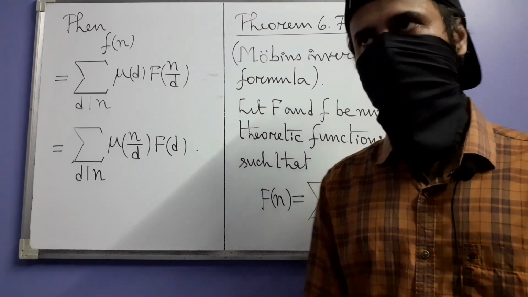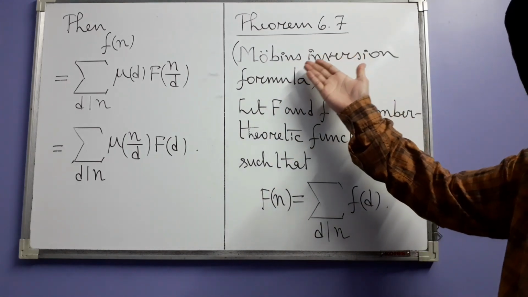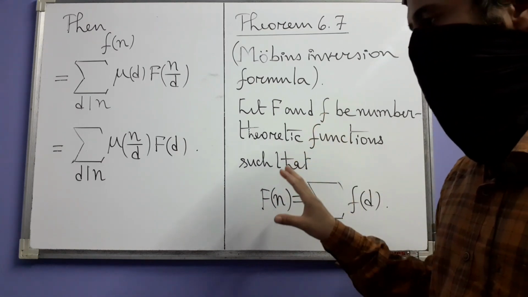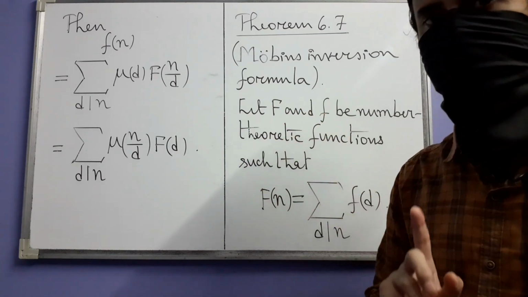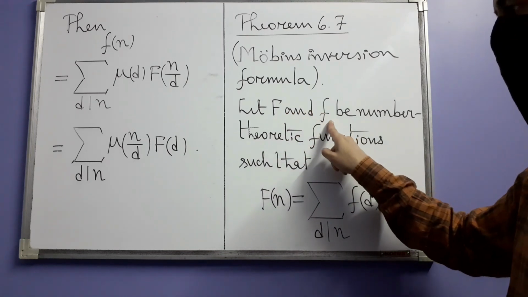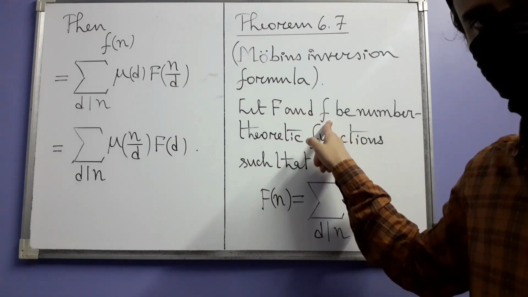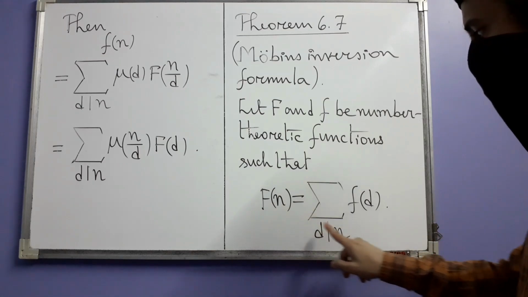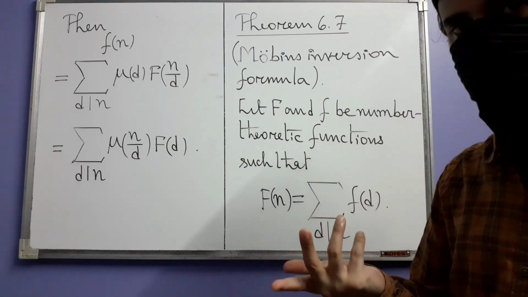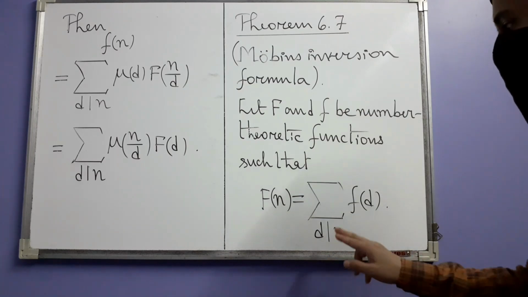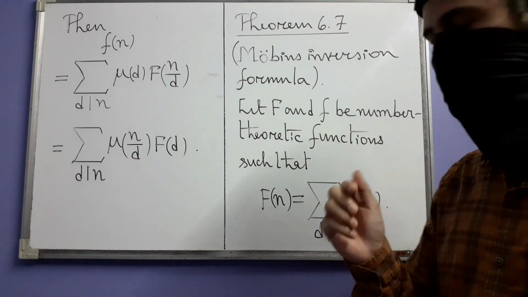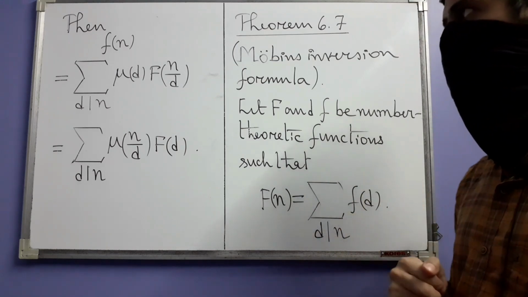And finally we have in this theorem 6.7 our Mobius inversion formula. It is because of this result that the function mu has been defined. In this result there are two number-theoretic functions, capital F and small f, and they are related to each other by an equation of this form. Capital F of n, of course n is any positive integer, equals the sum of the small f values of the positive divisors d of n.